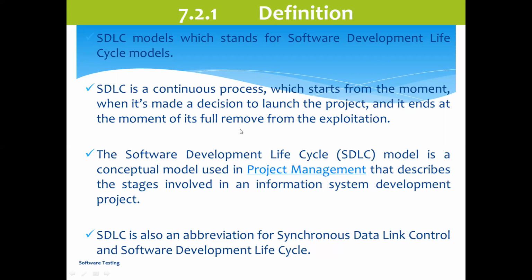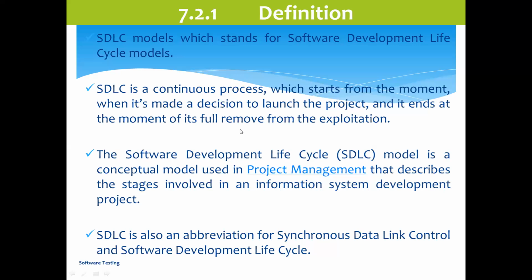So multiple models are there. Some companies are using the waterfall model, some companies are using the V model, like that. This is the continuous process which starts from the initial beginning stage, when the decision to launch the project is made, and ends at the moment of full retirement. So it continues from the starting stage to the last stage.